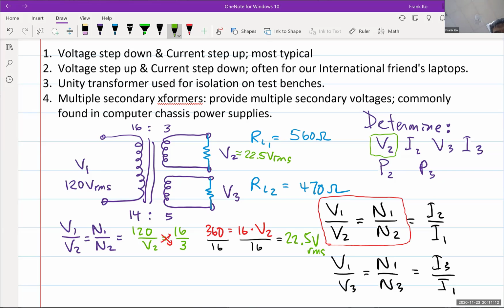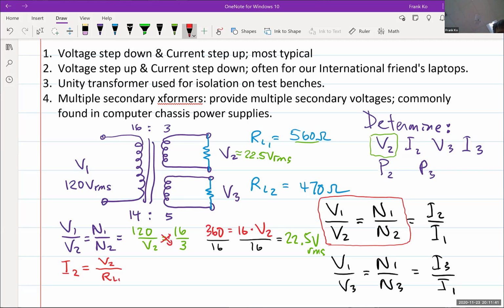And I gave you the load resistor. The load resistor for the upper secondary is 560 ohms. So how do I find that current in that upper secondary, I2? Ohm's law, sure. Ohm's law says you've got to have some kind of a V over some kind of an R, yes? Which V are we going to use? V2. Which R are we going to use?